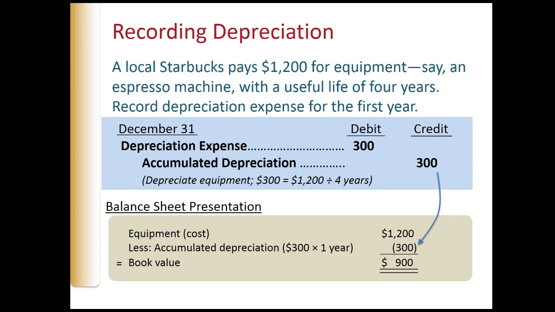Each year the accumulated depreciation account increases by $300. The book value decreases by $300 because that book value is going to be the net of the original cost minus all of the accumulated depreciation.